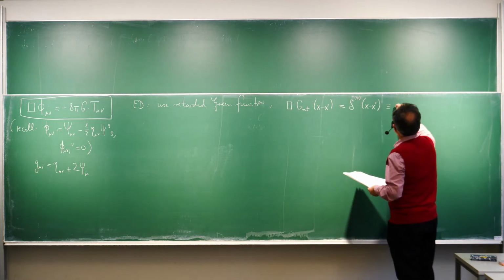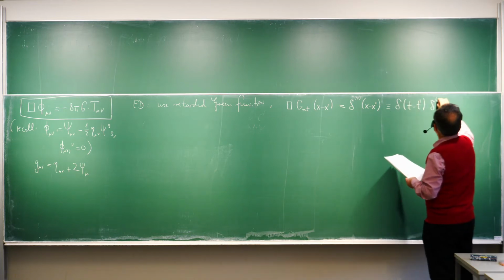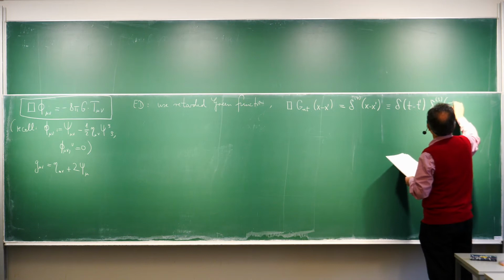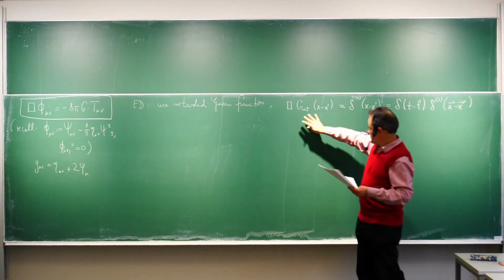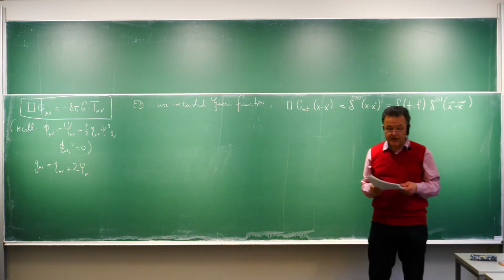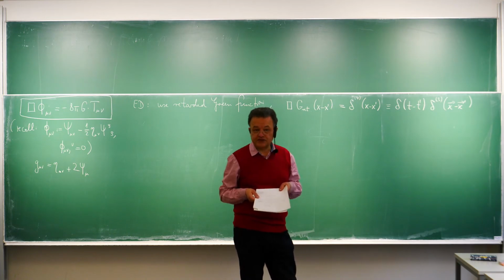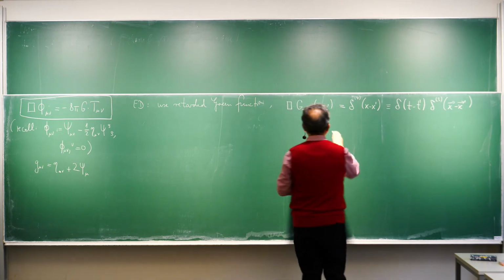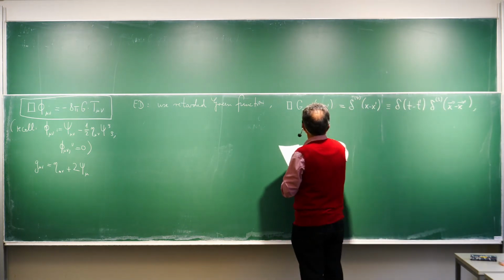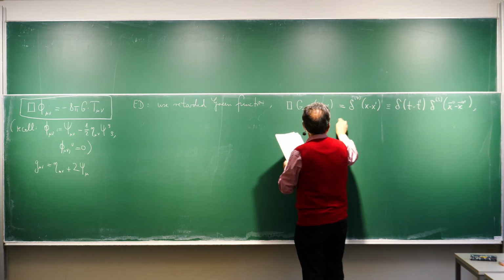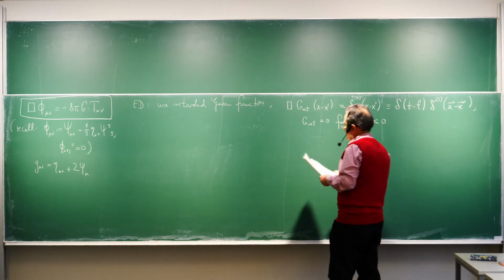And the four-dimensional delta function we write as the product of the time part and the three-dimensional spatial part. And the retarded, of course, means that it's zero for this time difference t minus t prime negative. So the initial condition is that G retarded is zero for t minus t prime negative.